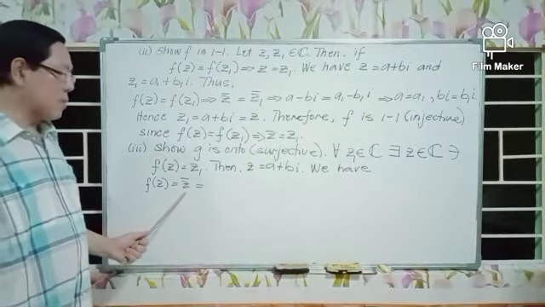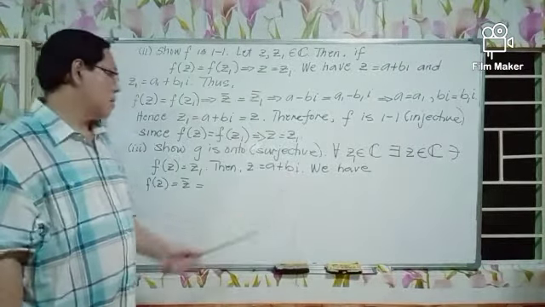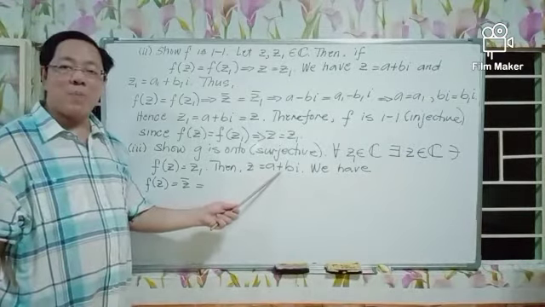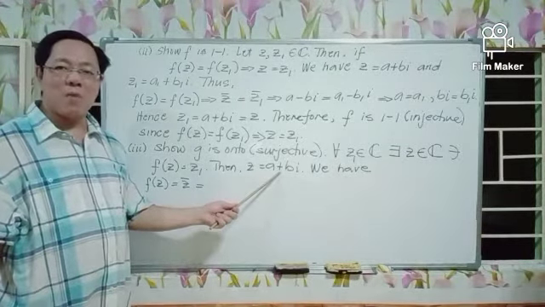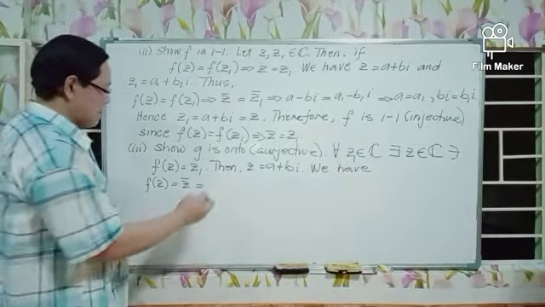And the conjugate of the complex number a plus bi is obtained by taking the opposite sign of the imaginary part of c. So c bar is equal to a minus bi.